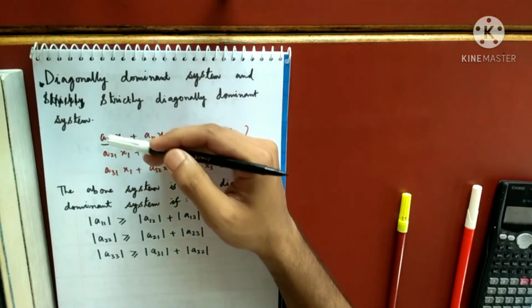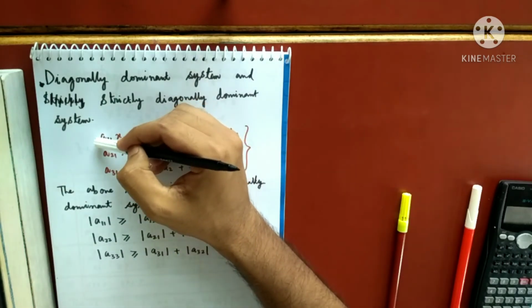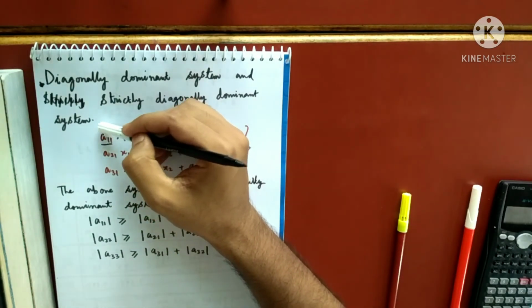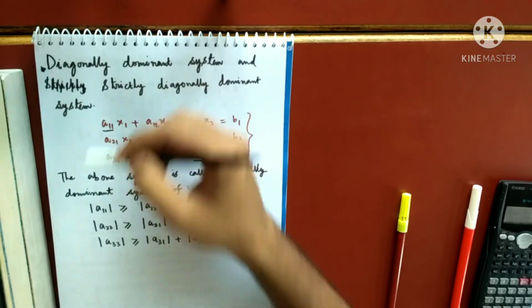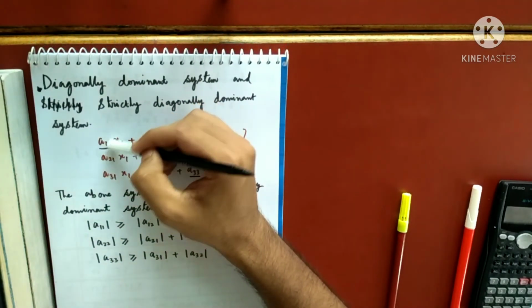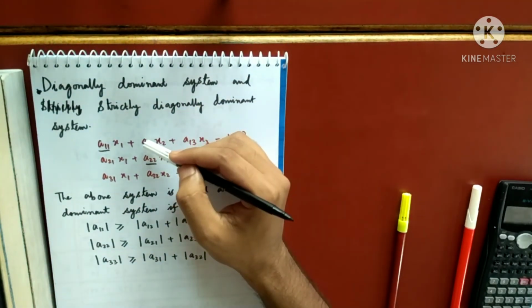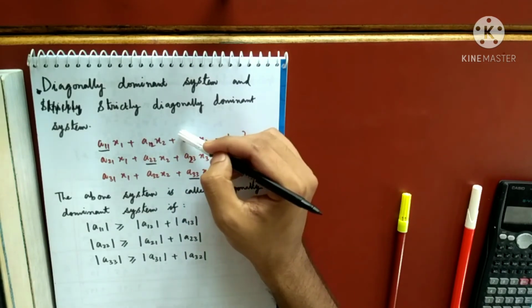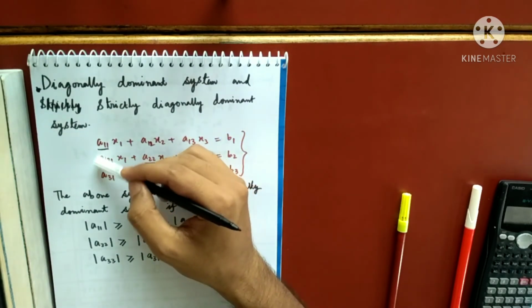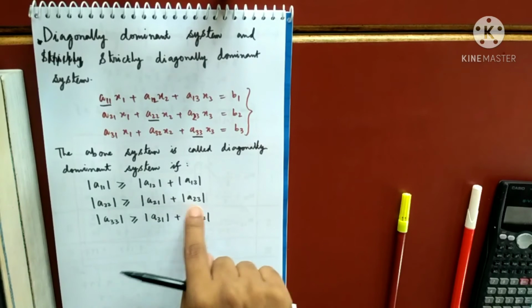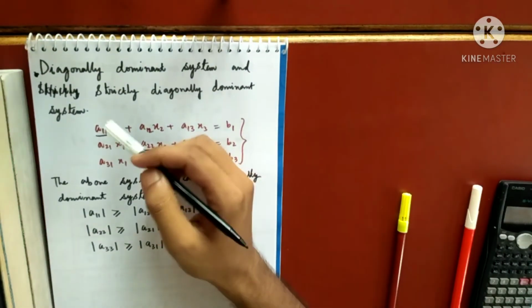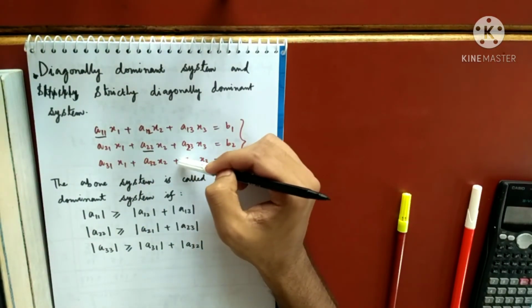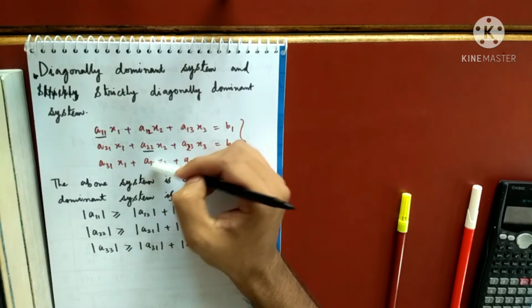So the modulus of this is greater than or equal to their sum. This is greater or equal to this plus this, the modulus values, definitely. We are not taking the negative signs. And the modulus of this is greater or equal to this plus this.